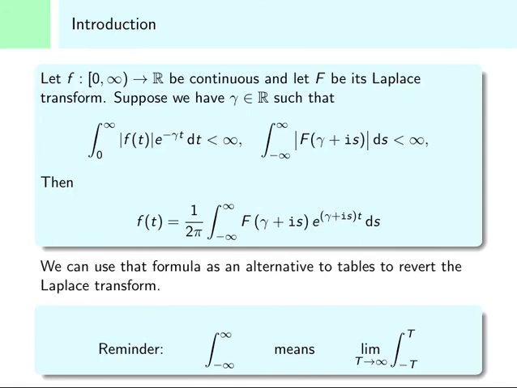Capital F is a function defined on a subdomain of the complex plane, and what we do is we pick some point gamma on the real line, and then we integrate over the imaginary axis passing through that real point gamma. So you take the complex plane, you pick gamma somewhere on the real line, and then you draw a vertical axis. That's where you integrate capital F. And of course then you multiply it with this exponential term in the inverse Laplace transform.